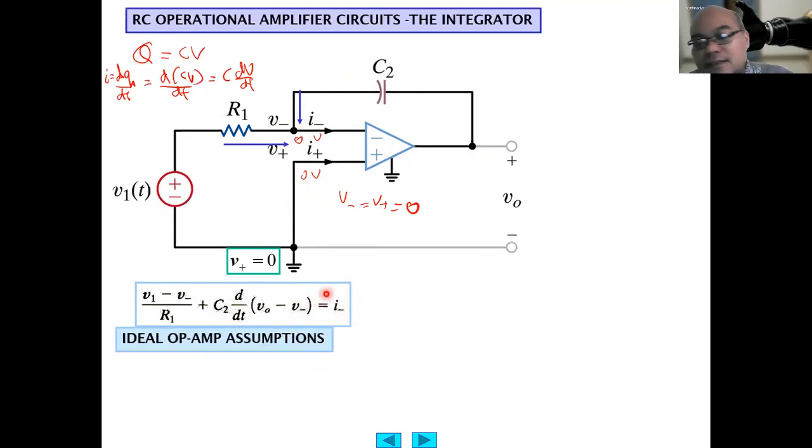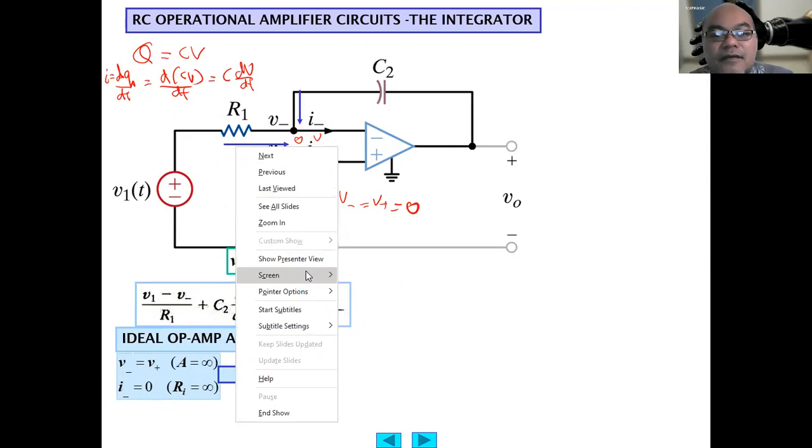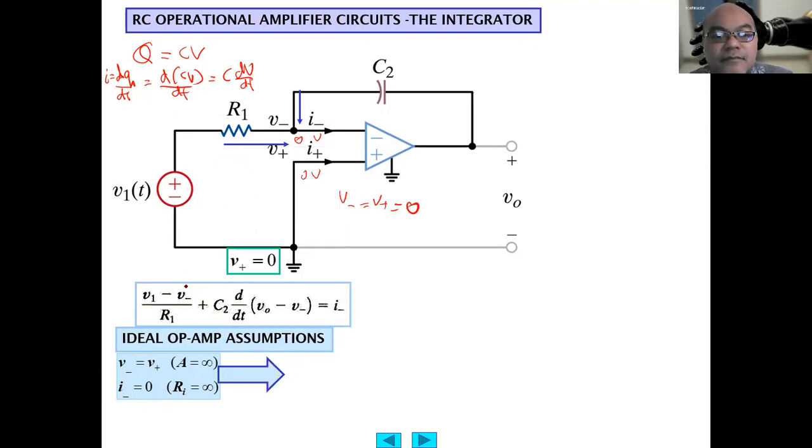Since the ideal op-amp assumption gives I minus equals 0, and V minus equals V plus equals 0, these terms equal 0.